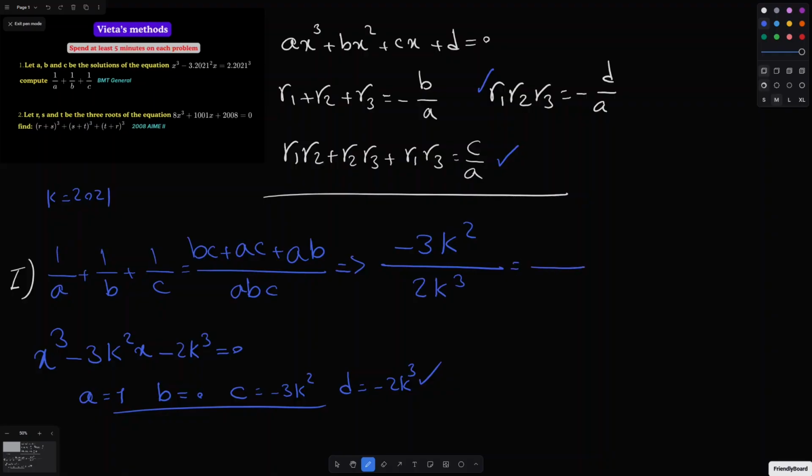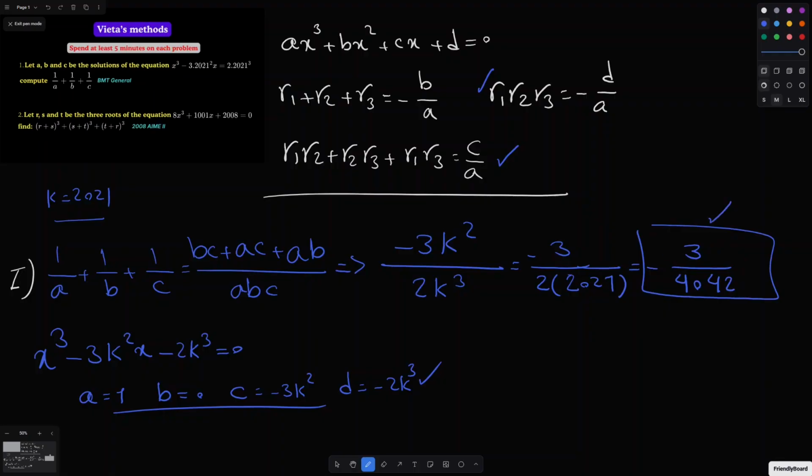This is going to be minus 3 over 2 multiplied by k, where k equals 2021. This equals minus 3 over 4042. And that's the solution for the first problem.